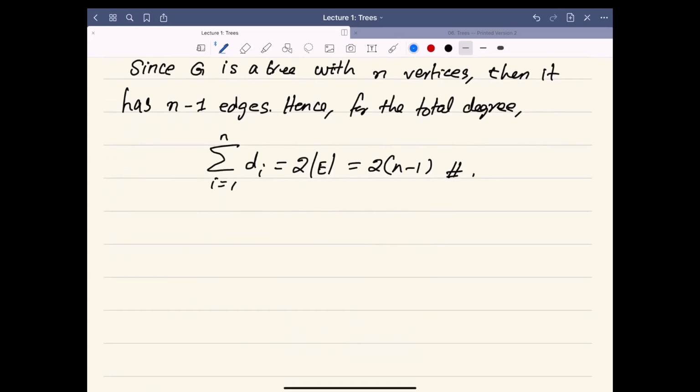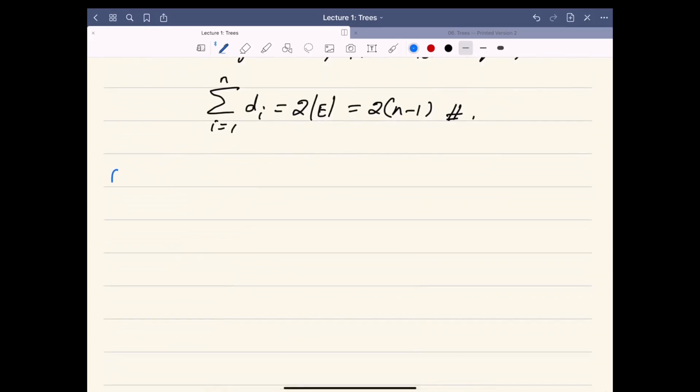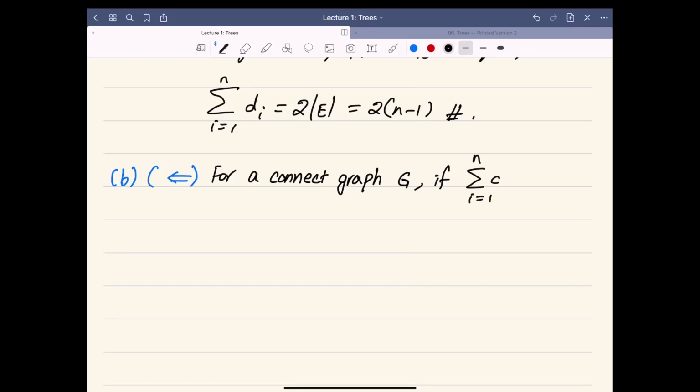Now for part B, we need to prove the statement from right to left. So we say for a connected graph G, if the total degree of the vertices is equal to twice n minus 1, then G is a tree.